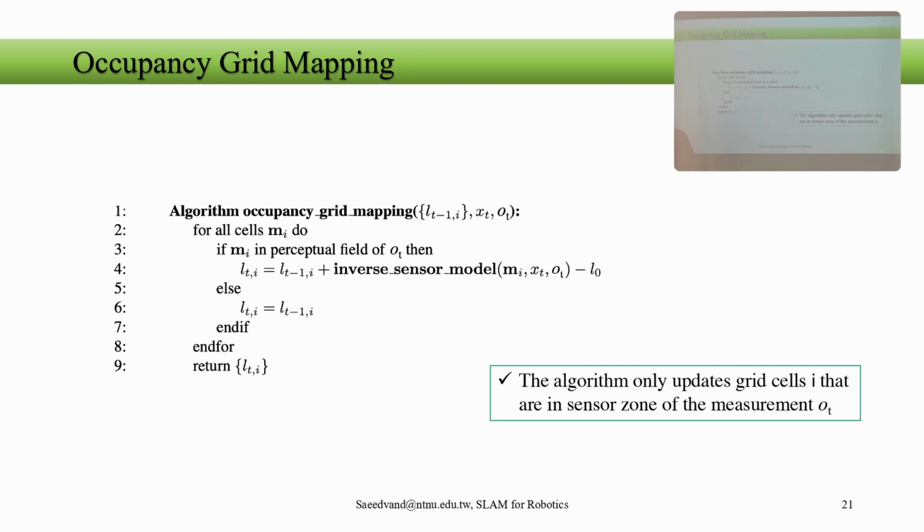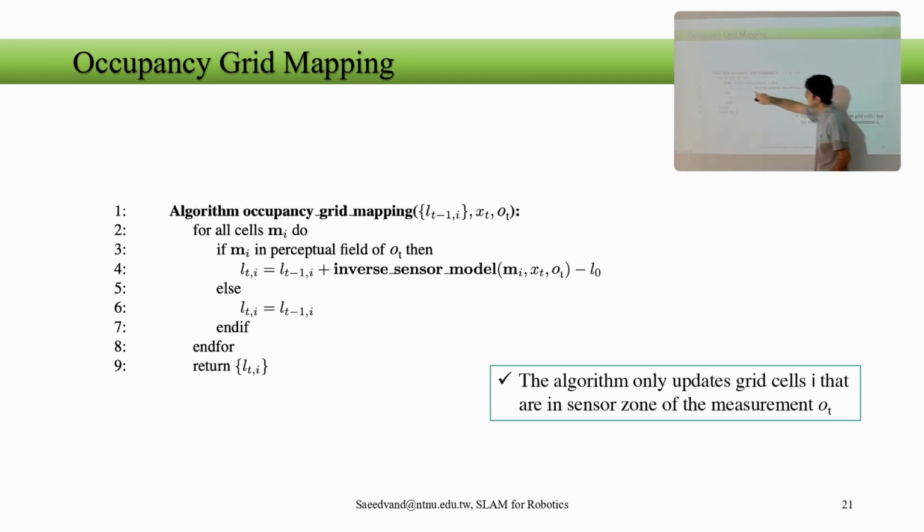So now let's have a look at how it looks. The algorithm of the occupancy grid map is given by this log odds form, with inputs l_{t-1}, x_t, and the observation. The observation, the robot pose, and the logarithmic probability of the previous step come as input, and for each one of the cells, if m_i is in the perceptual field of the observation, if the robot sees that area, then we can calculate all the calculations that we've done in log odds form.